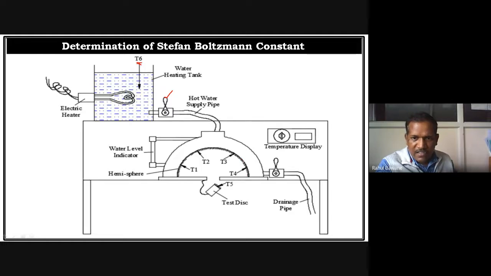From the inner side, it is coated with lamp black. And this hemisphere has 4 thermocouples, T1, T2, T3, T4, randomly mounted. When we allow this hot water to flow, it will flow into the outer side of this hemisphere and fill it.